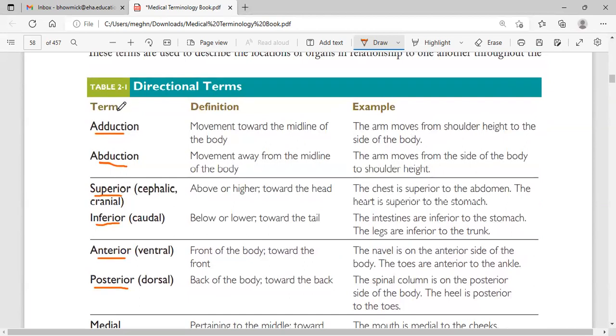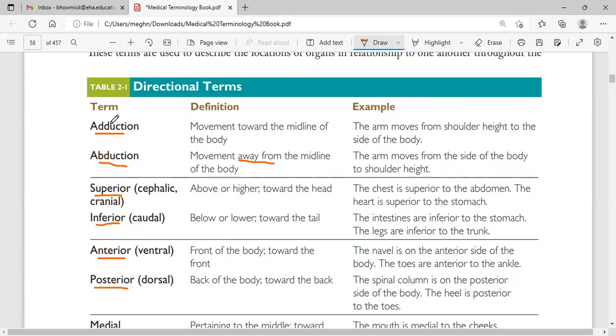So adduction, with a double D, is movement towards the midline of the body, and abduction means movement away from the body.